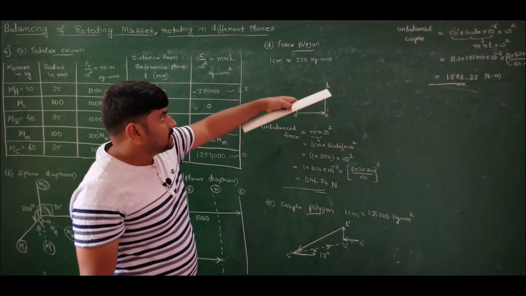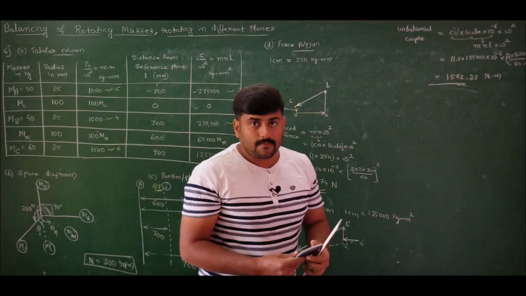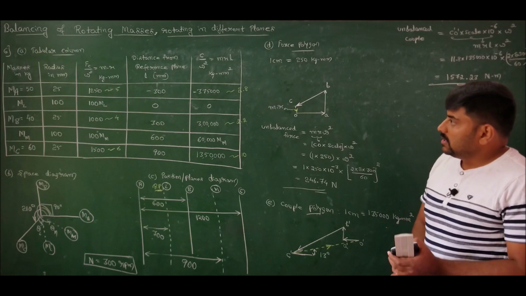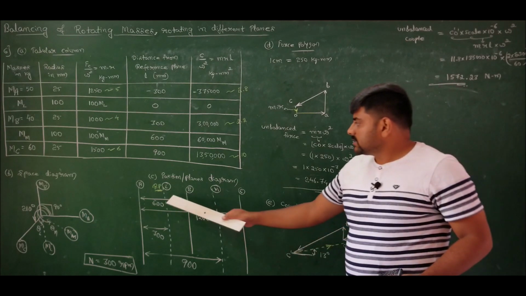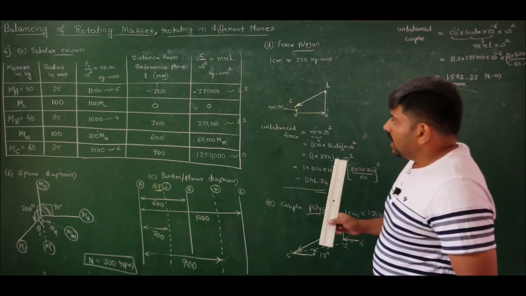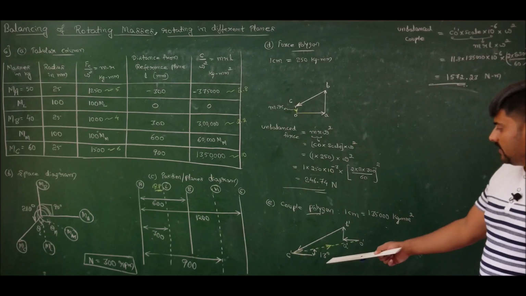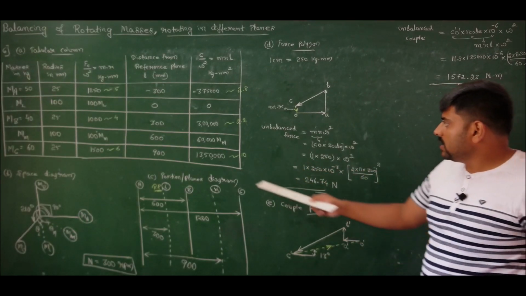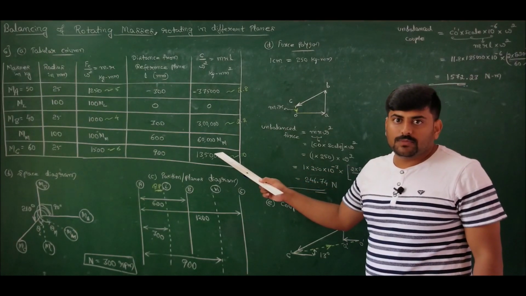In order for the system to be dynamically balanced, we want two counter masses ML and MM. I should find the direction and magnitude. As you observe, this itself is the direction of MM, because the closing side must be equal to 60,000 mm. This you people already know.